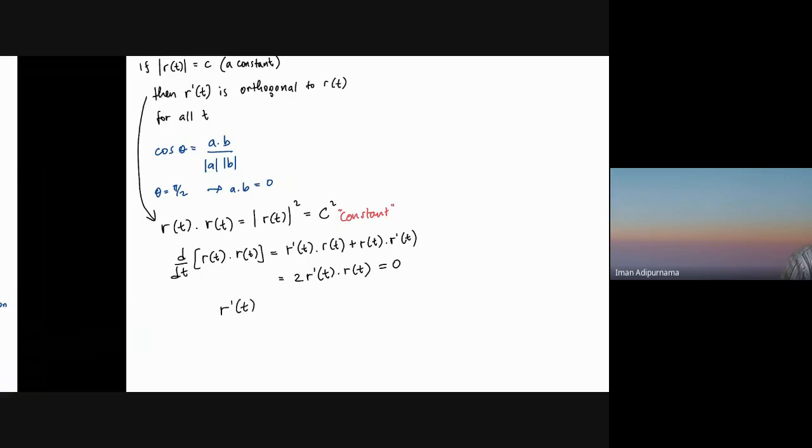So we conclude that r prime dot r is 0. And from here, we say r prime is orthogonal to r.